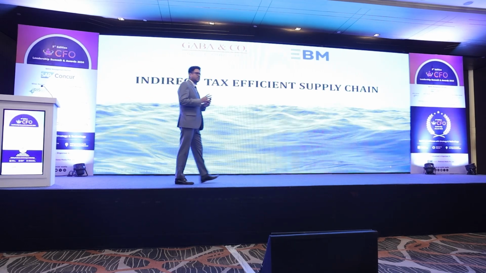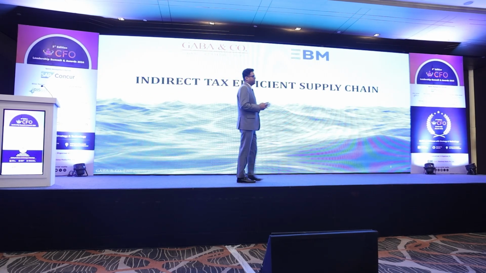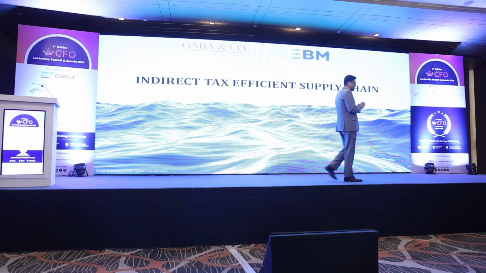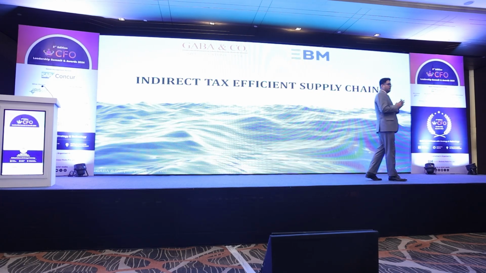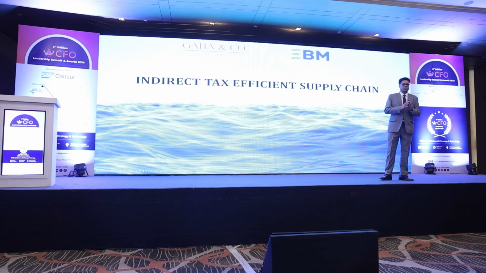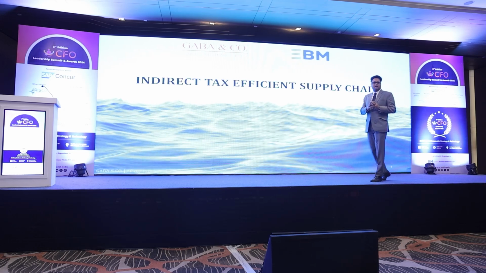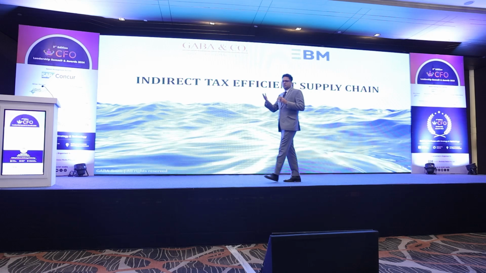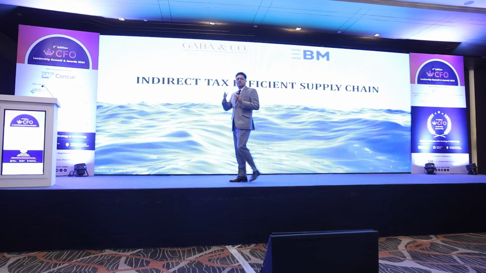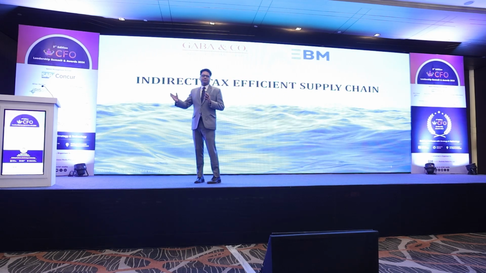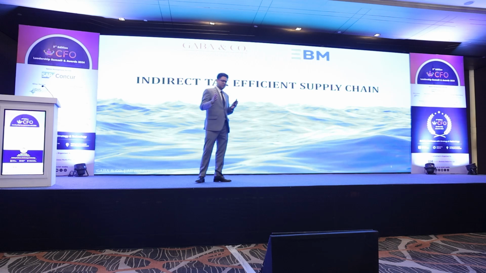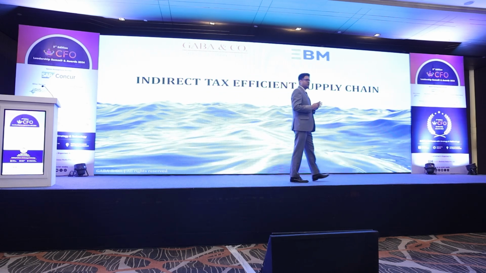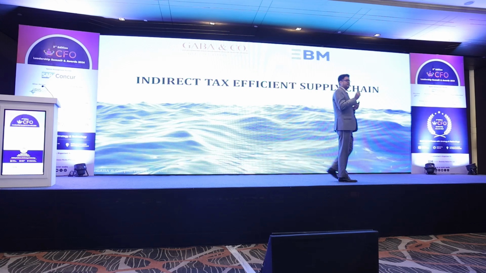So, what is an indirect tax efficient supply chain? What do you mean by that? So basically, everything starts from a PO, a purchase, and then it culminates into a sale. From the first purchase till your last sale, as a finance head of the company, you have to ensure that there are no indirect tax leakages.